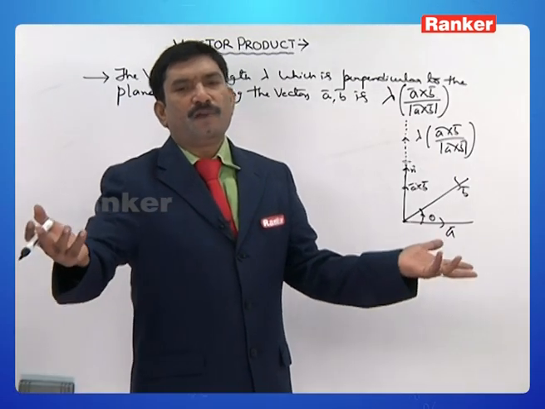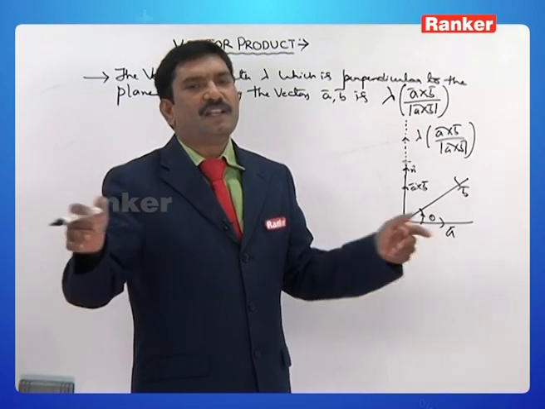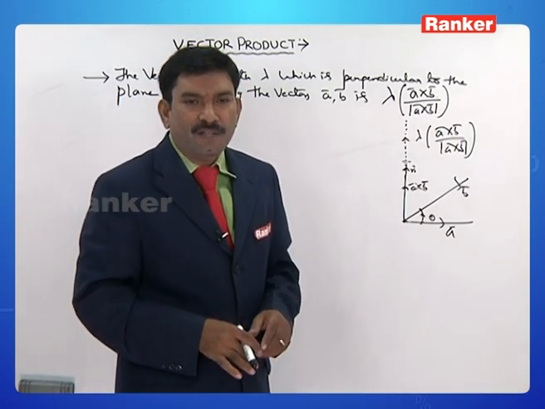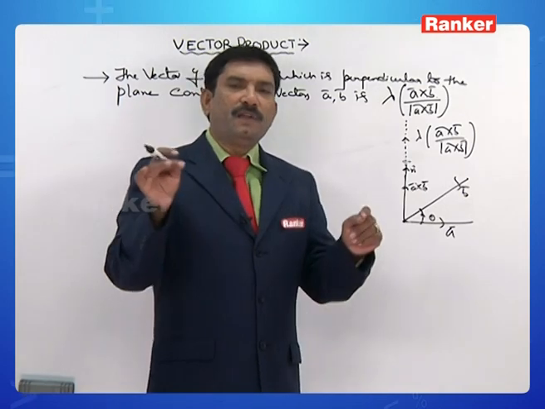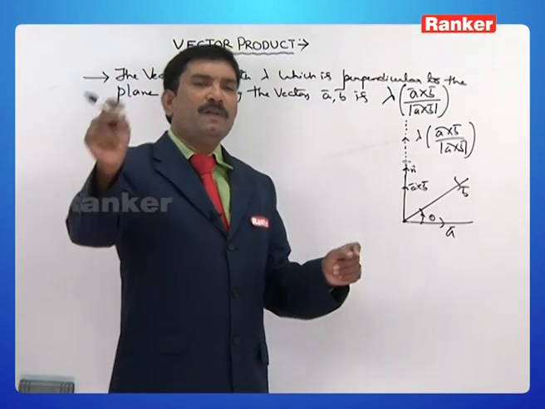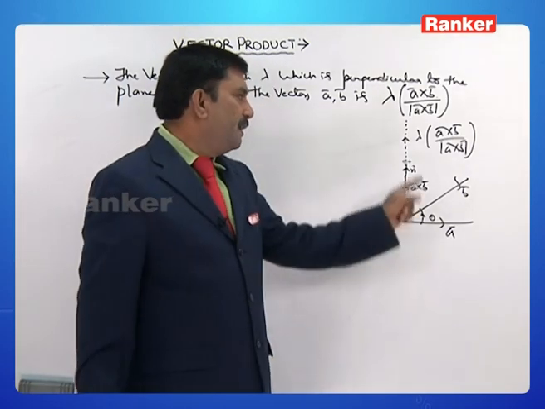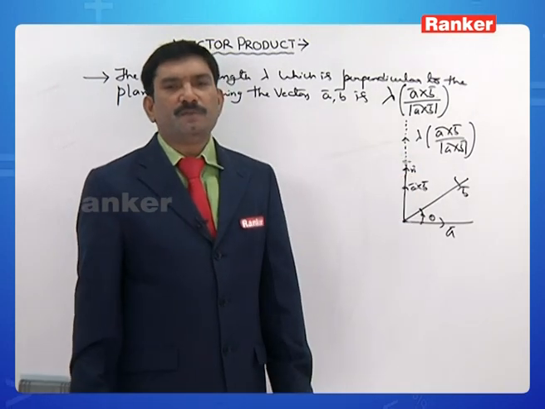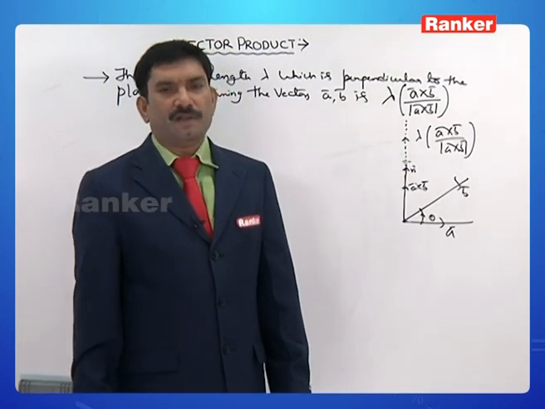Once again, required length is lambda. That's what we want, the vector. So therefore, the vector of length lambda which is perpendicular to both A bar and B bar is lambda into A cross B by modulus of A cross B.